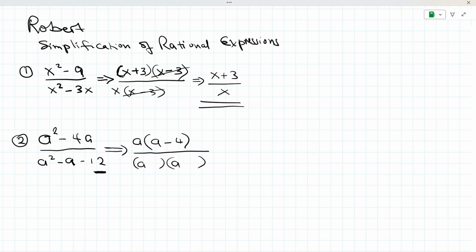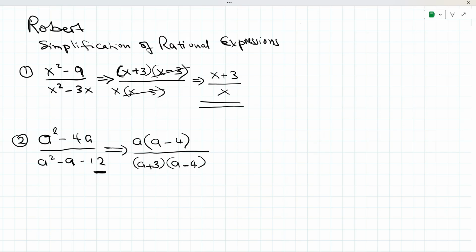And that seems to be 4 and 3. So 4 times 3 will give us 12, but we need negative 12. So we have to have one as positive and the other one will be negative. But when we look at what we have here, before a is a negative. So the bigger value here, 4, must be given a negative sign, and then 3 is given a positive sign.